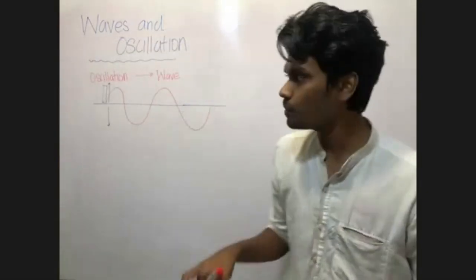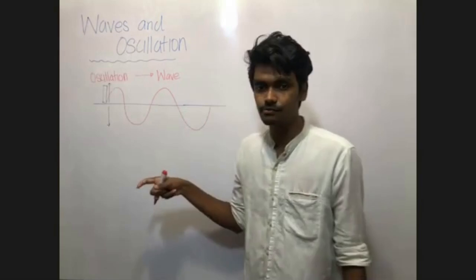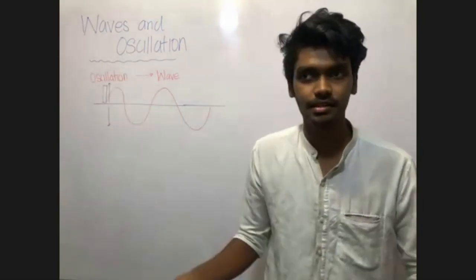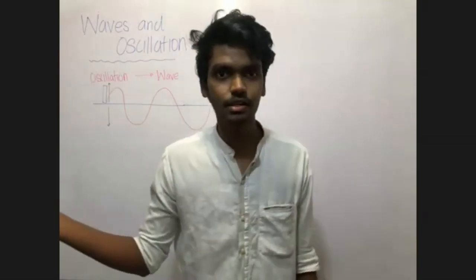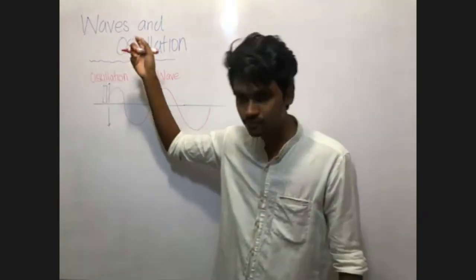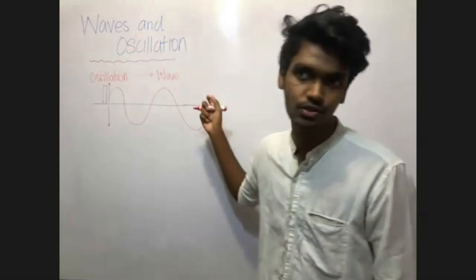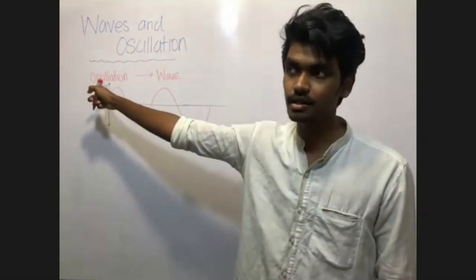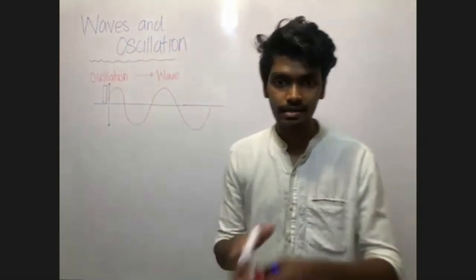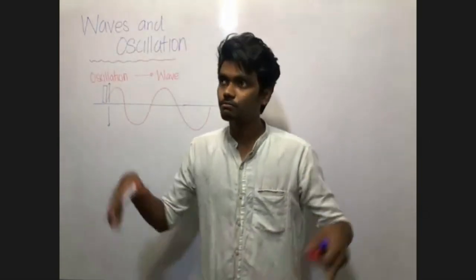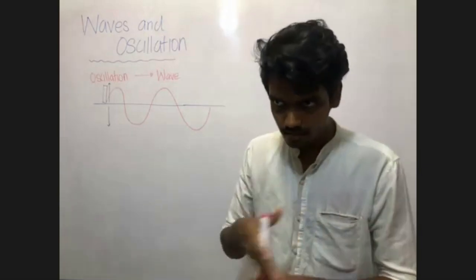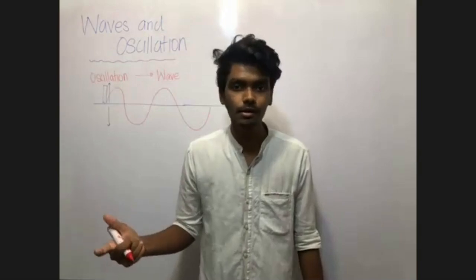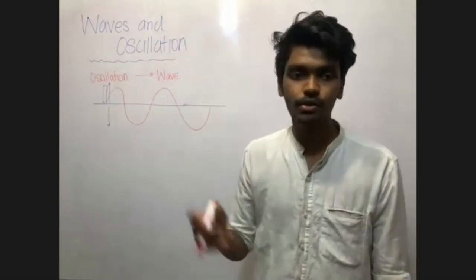So what should we learn first, the wave or the oscillation? It should be the oscillation, obviously, because the wave is generated only because of the oscillation. So in our syllabus, we are going to first analyze oscillations, finish them, and only then move on to waves.